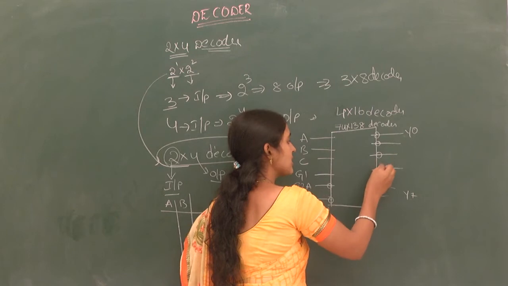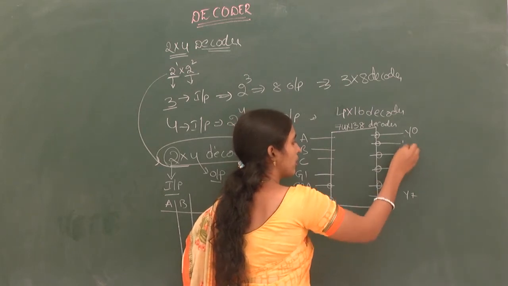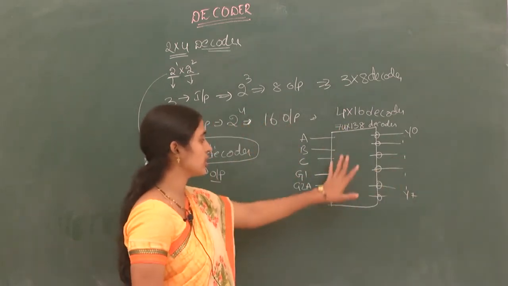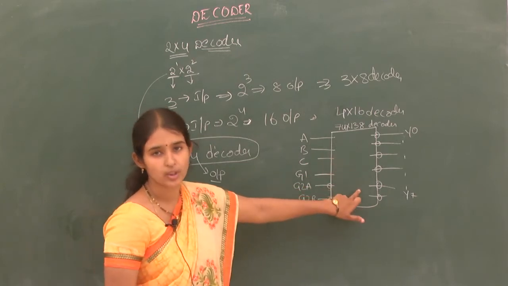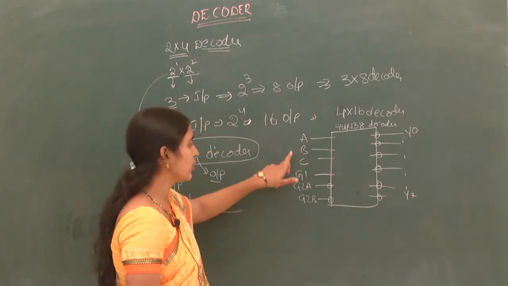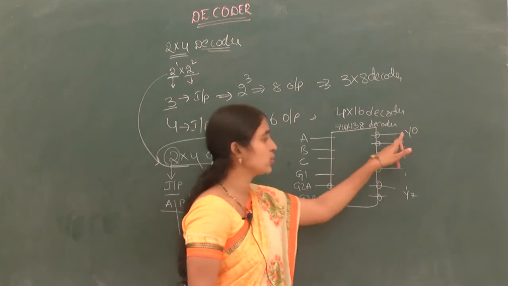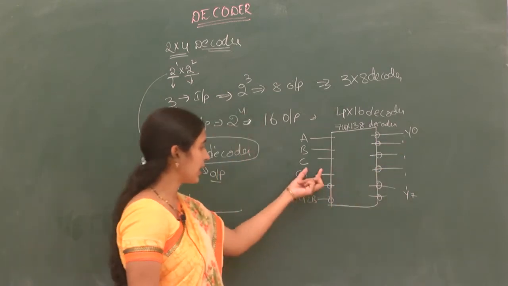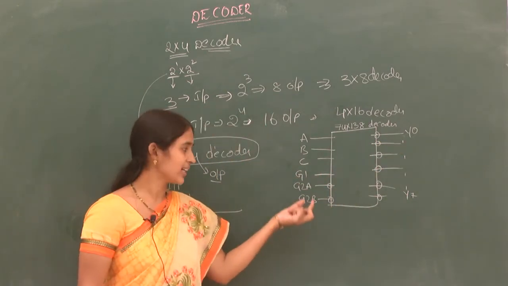This is the IC 74138. If you see here, this is your 3 to 8 decoder with 3 inputs and 8 outputs, and these are your enable inputs.